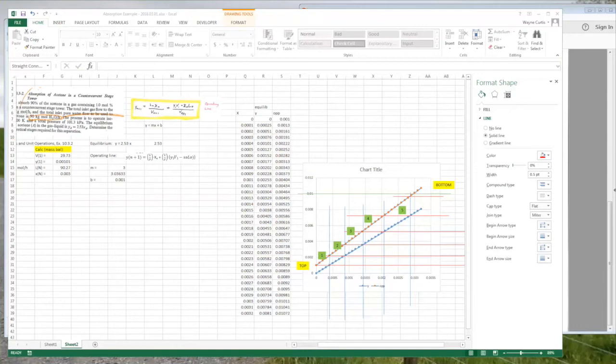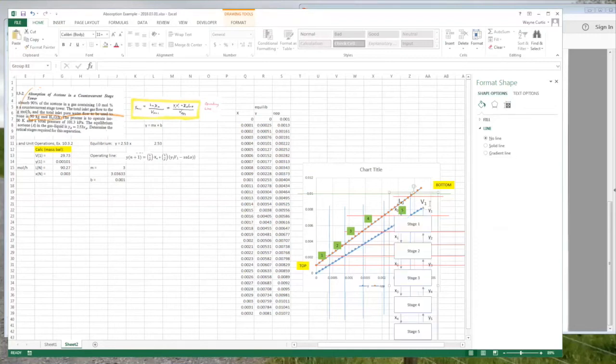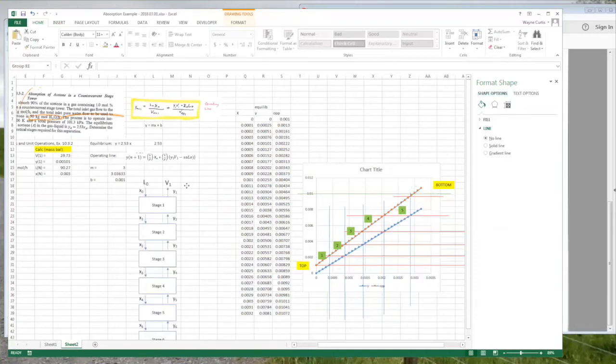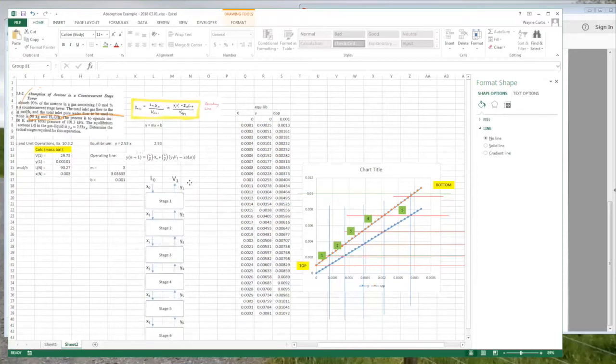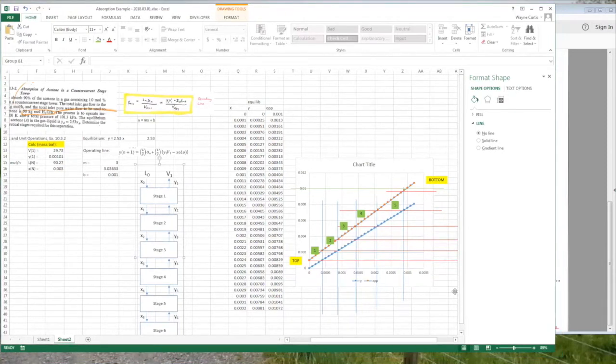I just made a convenient little multi-stage absorber here, which I can paste in. So here we now have our liquid stream. Think of this in terms of a stage-by-stage walk.